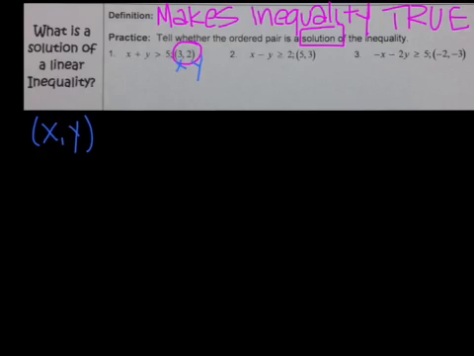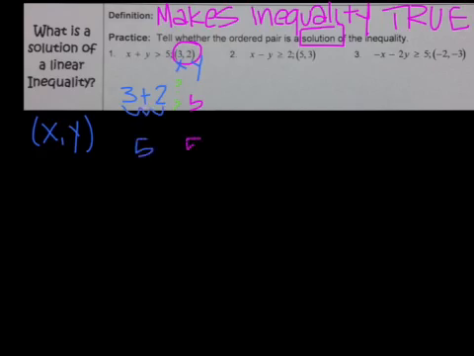So when I plug in 3 for x, I'm going to have 3 plus, and I'm substituting 2 for y. So 3 plus 2, and we are testing to see, is it greater than 5? That's what we want to know. So when I work this out, what is 3 plus 2? Well, that equals 5.